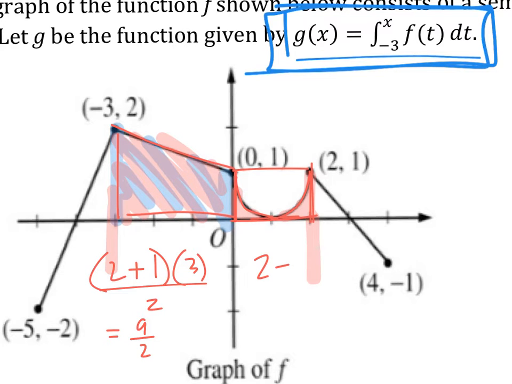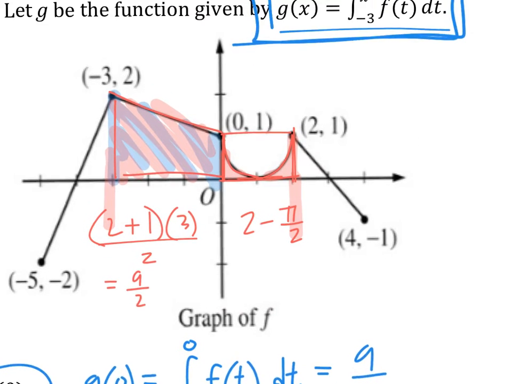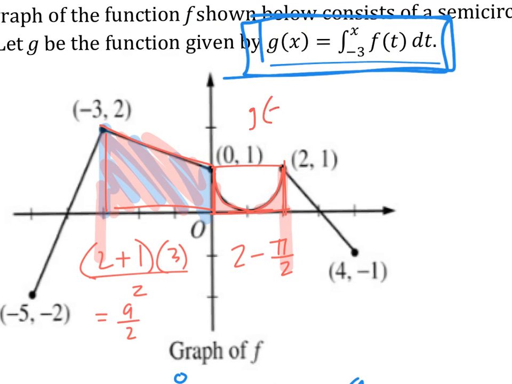Oh, no, she already divided by 2. R is 1, so pi over 2. Okay, 2 minus that. So basically, G of 2 is going to be 9 over 2 plus 2 minus pi over 2. So this area plus this area.